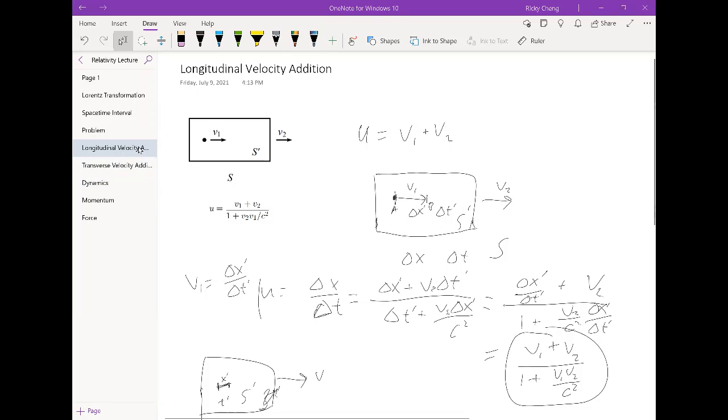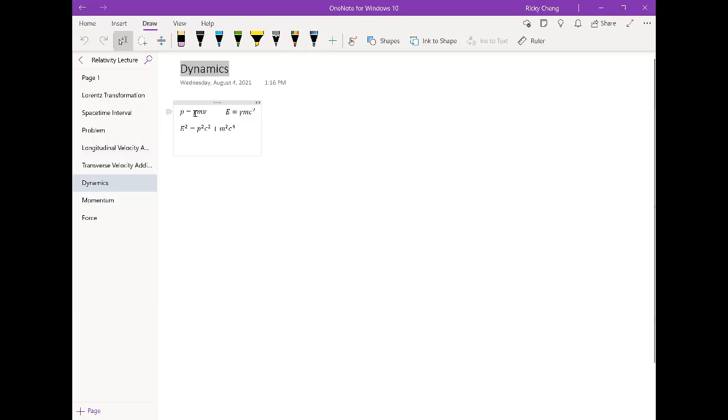Okay, so let's move on to relativistic dynamics. Before, we had only talked about kinematics, that's just x, t and v.